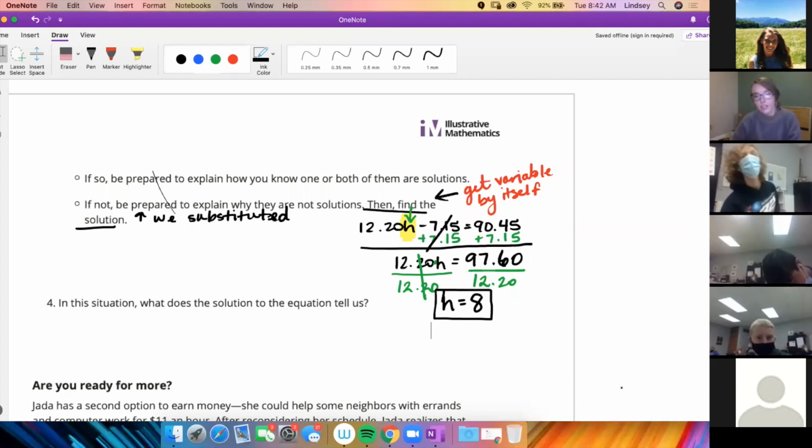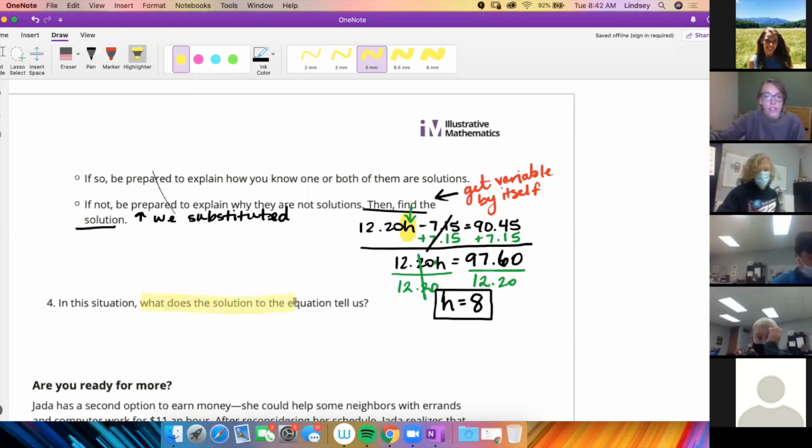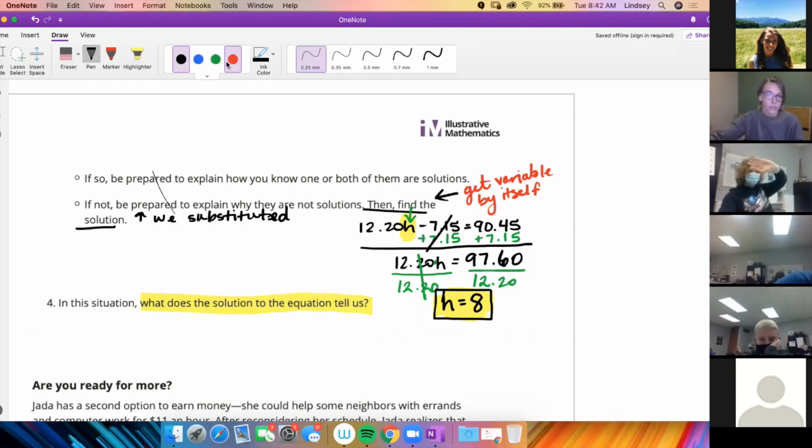All right, so it says in number 4, in this situation, what does the solution to the equation tell us? So this is my solution. What does it mean that H equals 8? What does that mean in this situation? The hours. The hours?